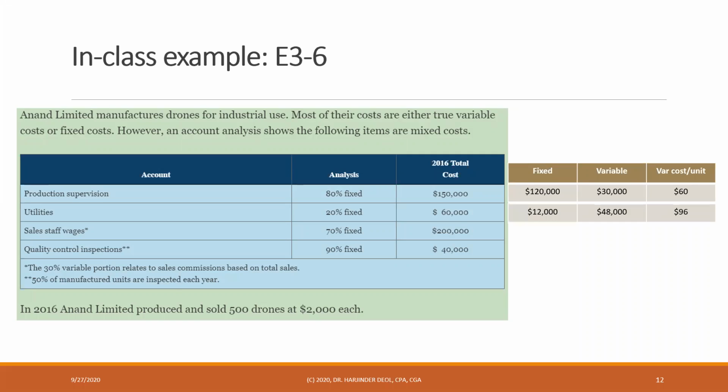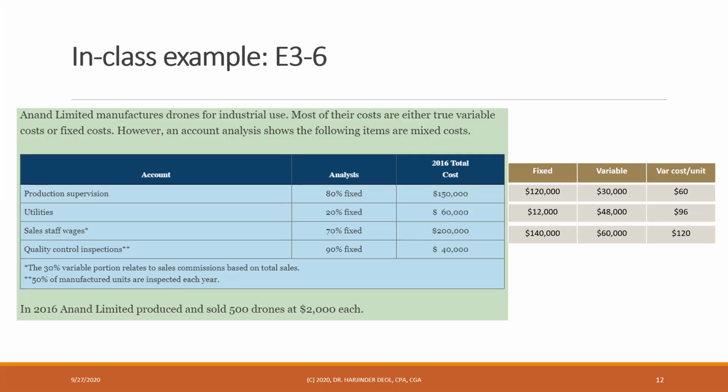We are doing the same with the utilities. Total utility cost is $60,000. 20% of that is fixed, which is $12,000. The remaining $48,000 becomes variable, and $48,000 divided by 500 drones gives us a per unit cost of $96. With the sales staff wages, out of the $200,000 cost, 70%, which is $140,000, is fixed.